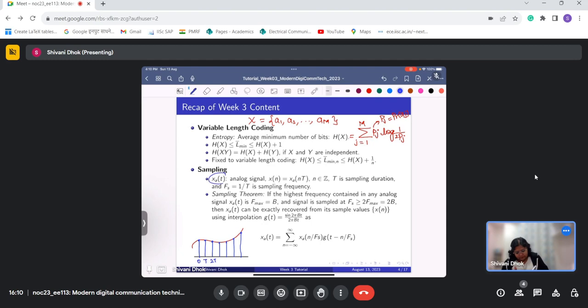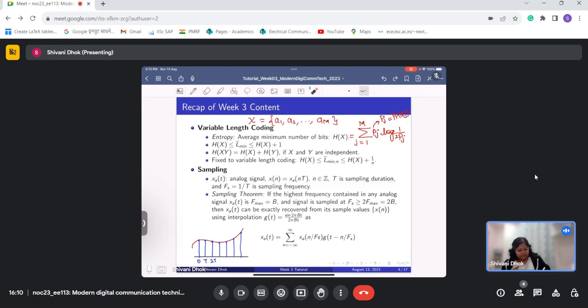So if xa(t) is the analog signal, then the sampled version is given by x[n], which is constructed as xa(nT). That is, after every nT time instant, whatever analog value comes, I'll save as x[n]. This is known as the discrete time version of the signal obtained after sampling, where n is an integer and T is known as the sampling duration.